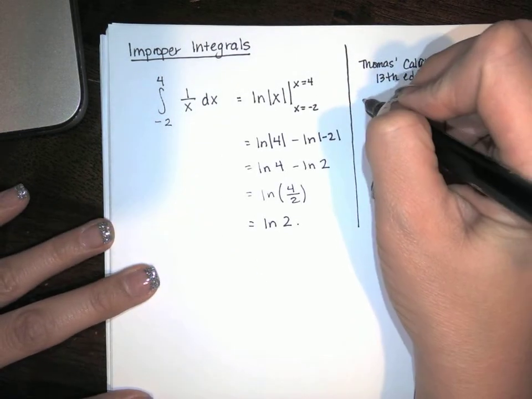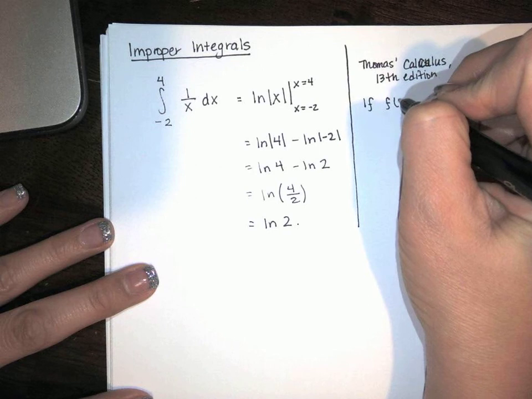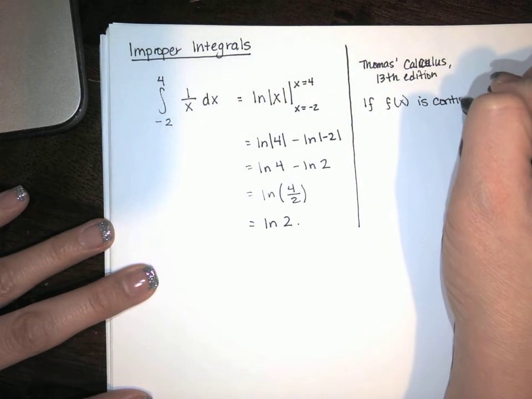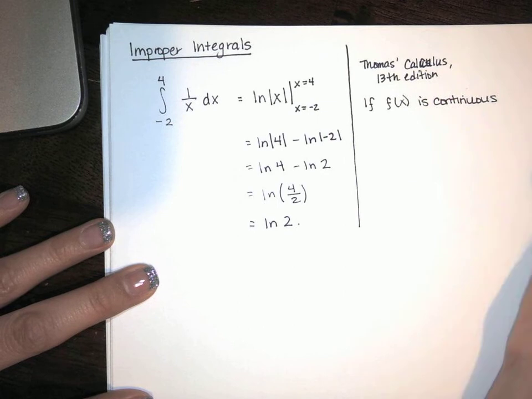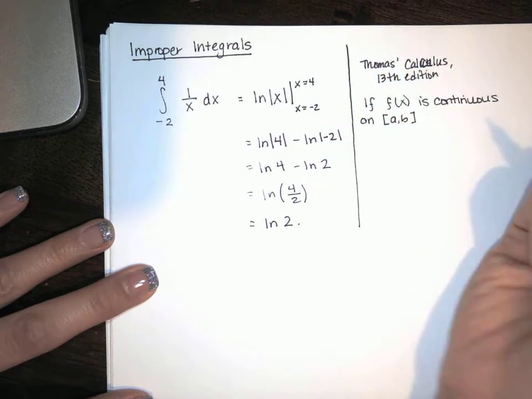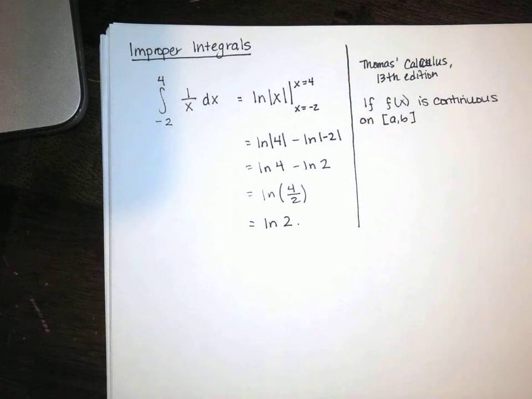He says if the function f of x is continuous on the interval from a to b, and I will tell you that it's not necessary that it be continuous, but it has to be something like that.